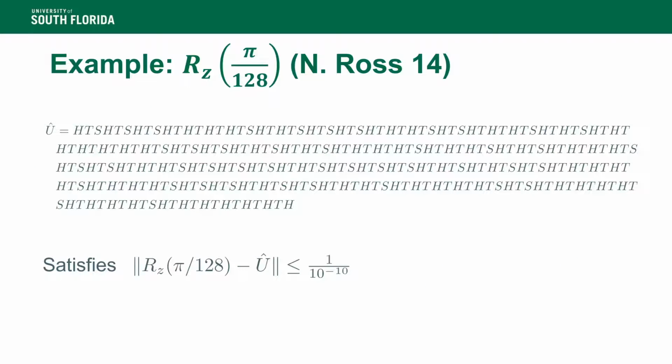So for example, here you have an approximation of a z rotation of angle pi over 128. This giant product of H, S, and T gates is close to the rotation of angle pi over 128. It's known to be at a distance of at most 1 over 10 to the 10.